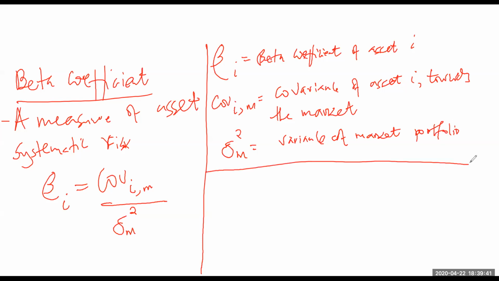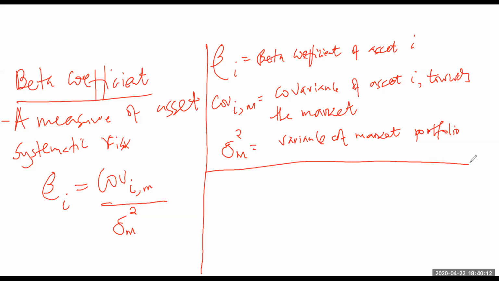Now, I want to ask a question. If you want to assess the beta coefficient of the market portfolio, the market portfolio is the systematic risk for the entire market, not for a particular asset.